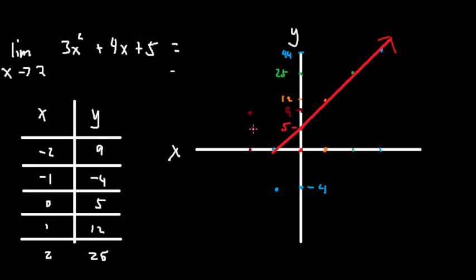We can't do this because iba yan. The graph looks like this. And based on the trends, if it's negative 3, it's gonna rise further. So from negative 4 naging 9.